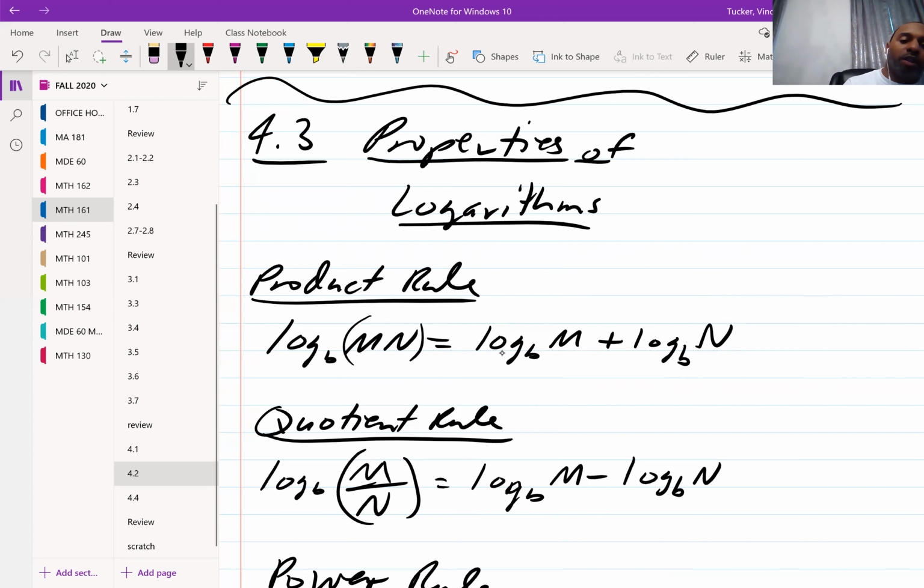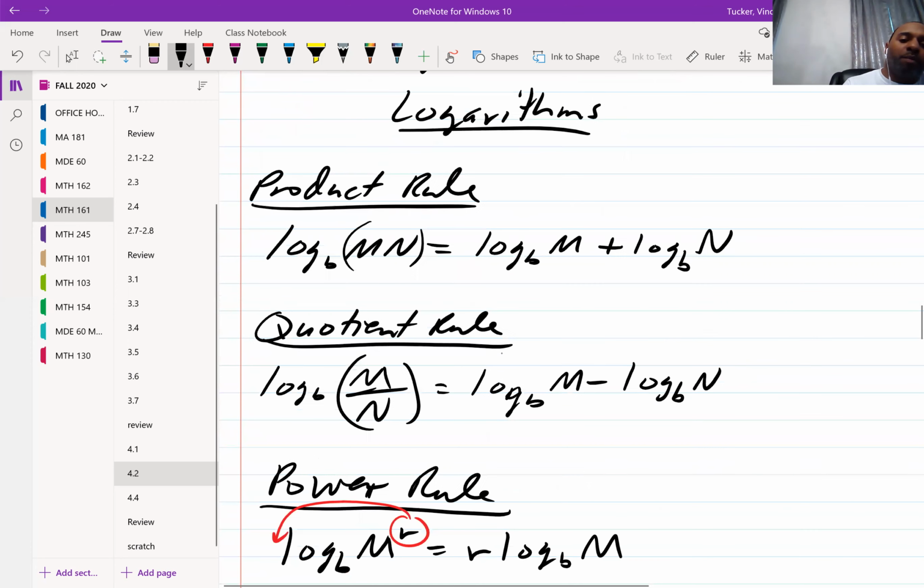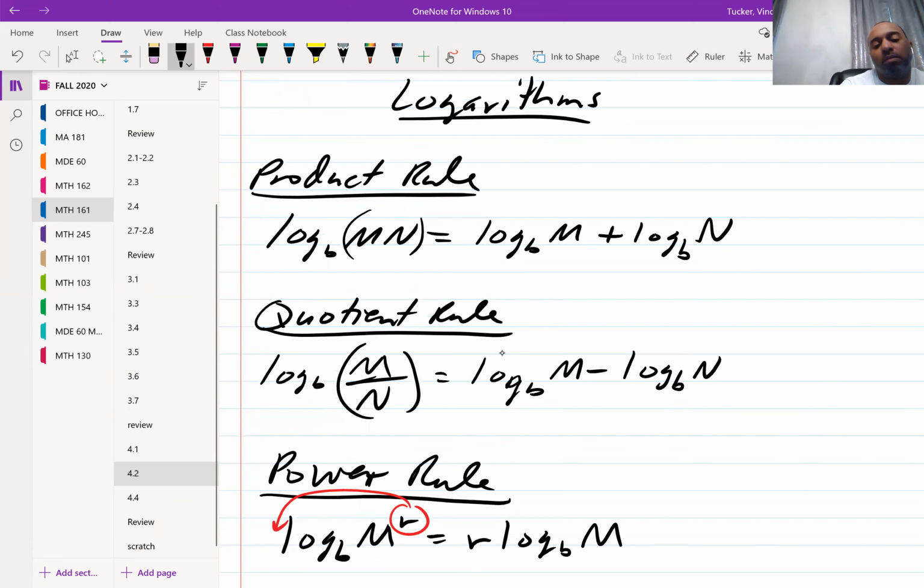Then looking at the quotient rule, log base b of m over n will be log base b of m minus log base b of n. And then the power rule: if you have log base b of m to the r power, you can bring the r down front, and that'll be r log base b of m.